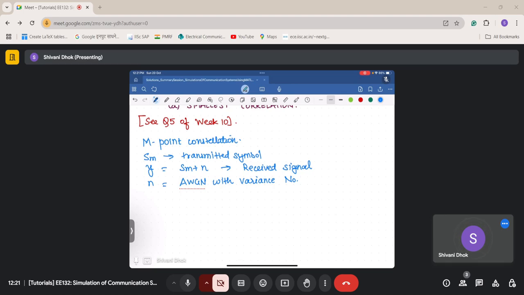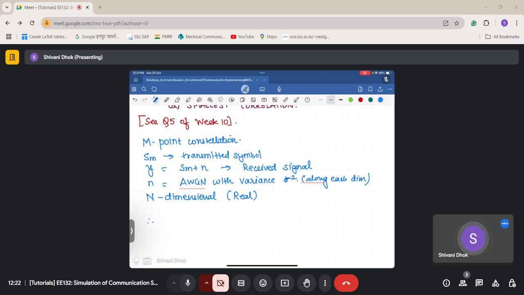Let's say it is n dimensional, with variance sigma square along each real dimension.